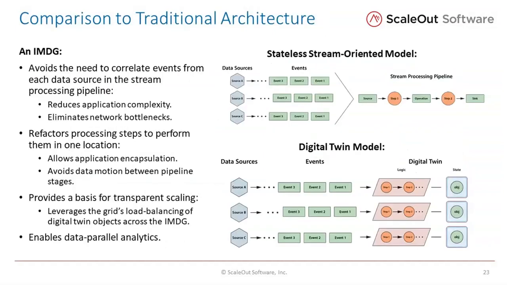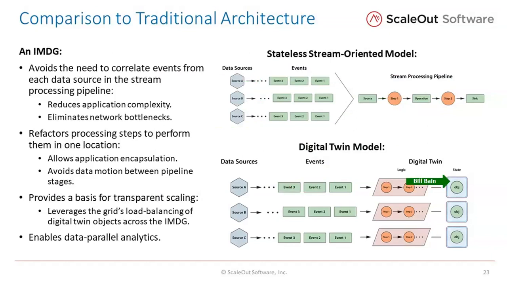So if we compare that to a traditional architecture, what we're doing is automatically correlating the events from a given data source. Instead of leaving that to the application, they're automatically correlated and sent to a code defined by the user that's associated with context information about the data source.